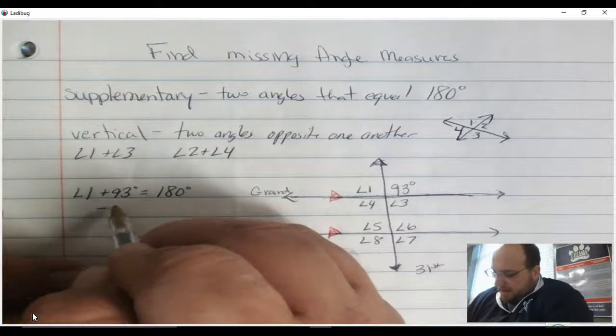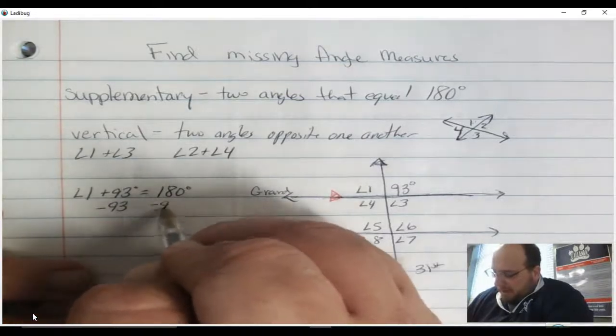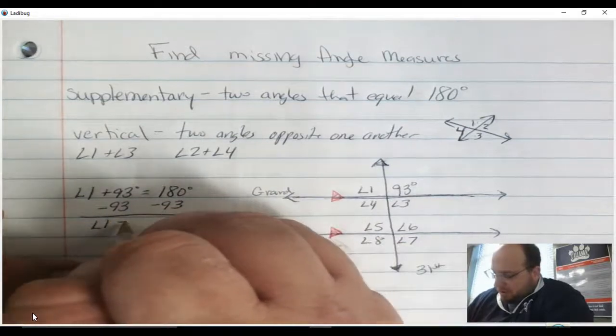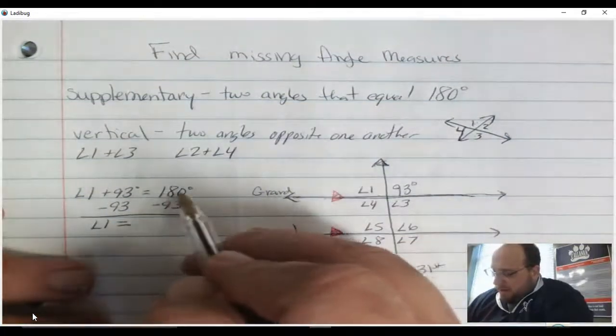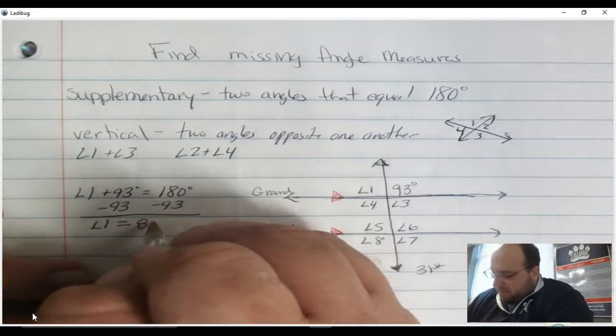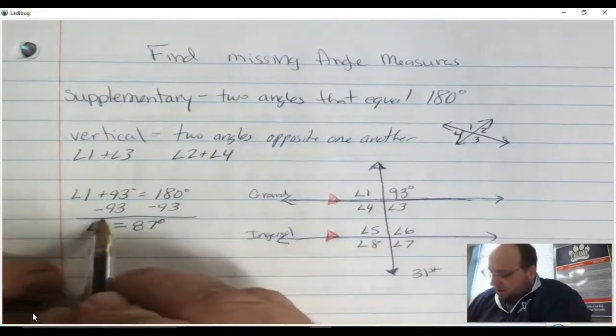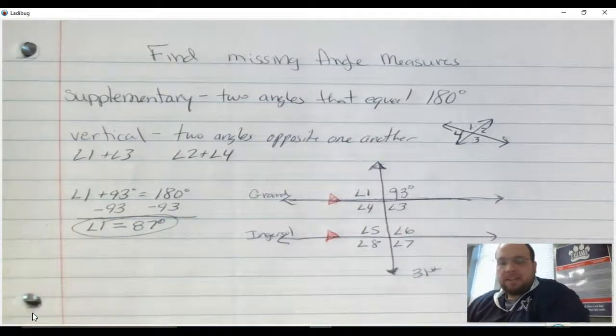I would subtract 93 from both sides, and when I do that, I will find the measure of angle 1. So 180 minus 93 gives me the measure of angle 1, which is 87 degrees.